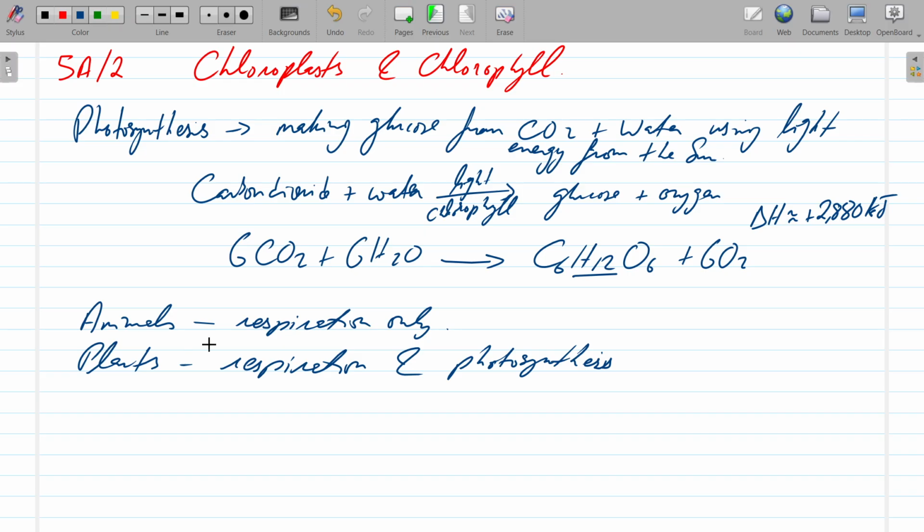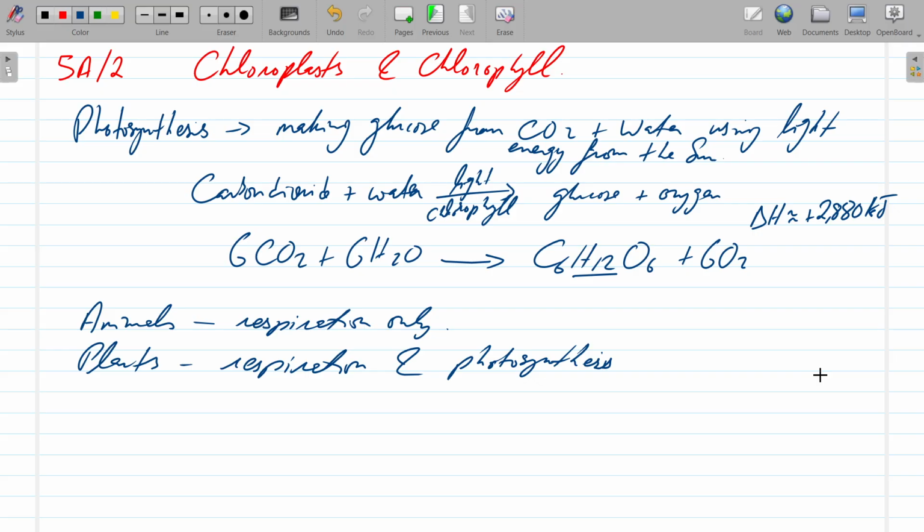And that's because plants are living organisms. So obviously they need to respire and make that ATP and then use that ATP for all of their functions, just like animals, or microorganisms, which respire. It's just that photosynthesis is dominant during the day.